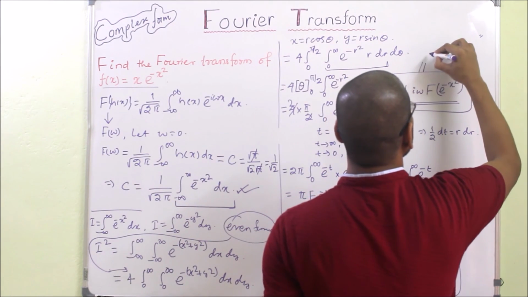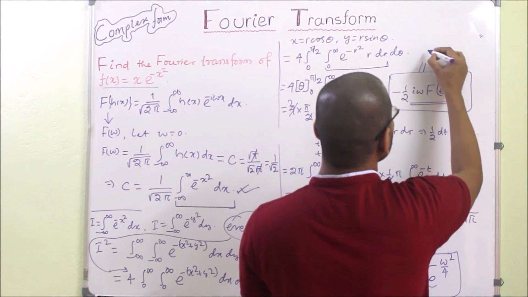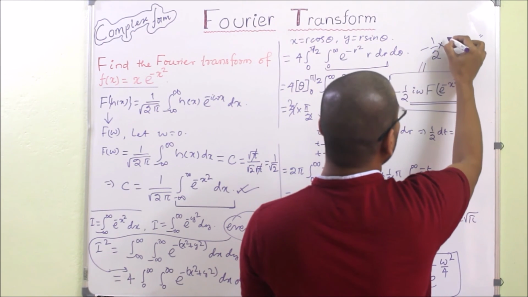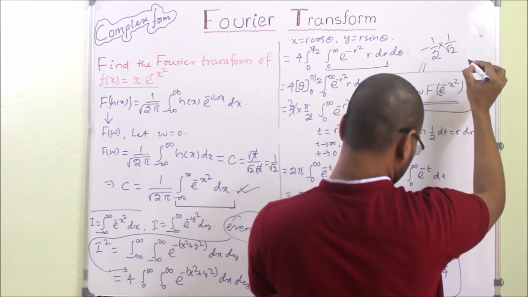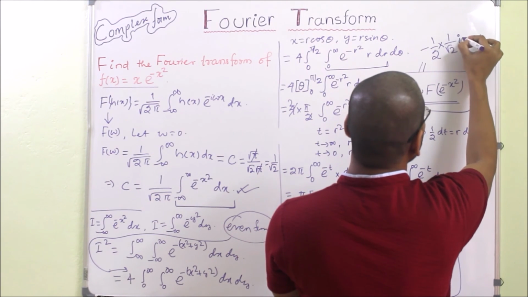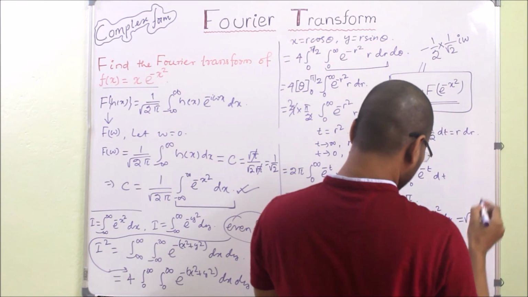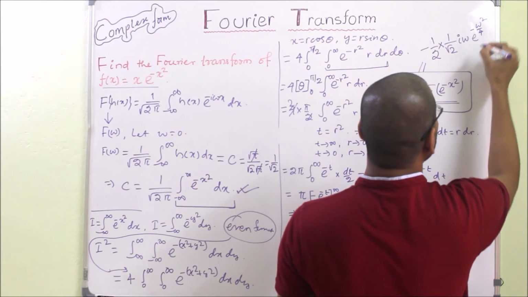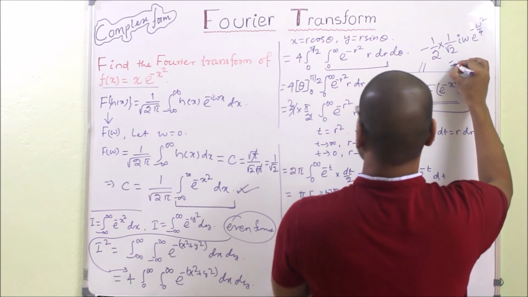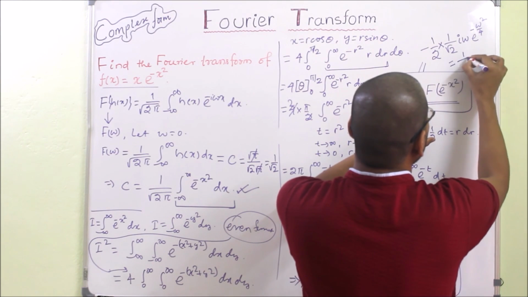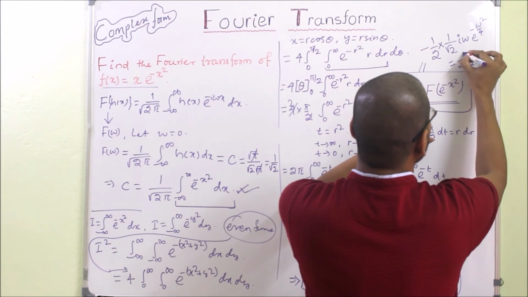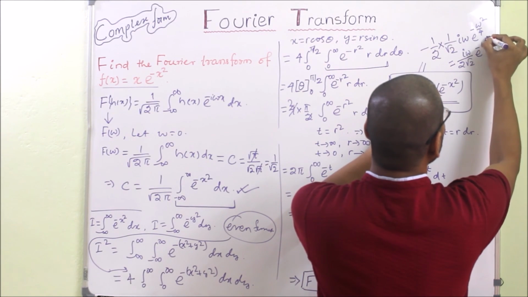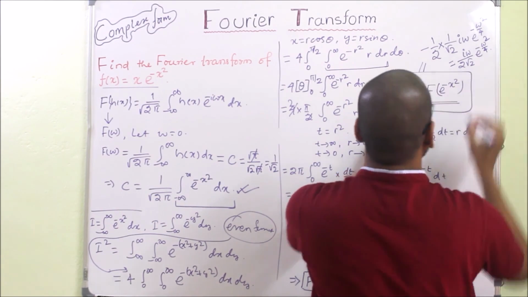Now this we can write as minus 1 by 2, into 1 by root 2 into i w, into e to the power minus w square by 4. So finally we will get the solution: i w by 2 root 2 into e to the power minus w square by 4.